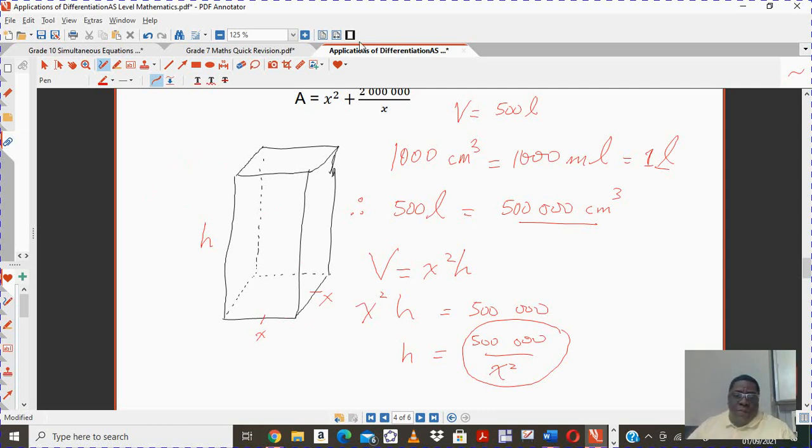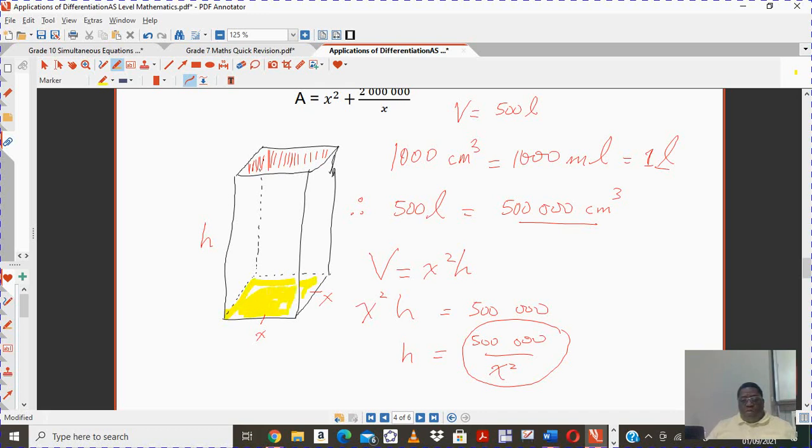We know that the tank is open here. Very important why that information is going to be used. Because once we are finding the surface area of this shape, we are going to take the area of the base, which is obviously that particular square.